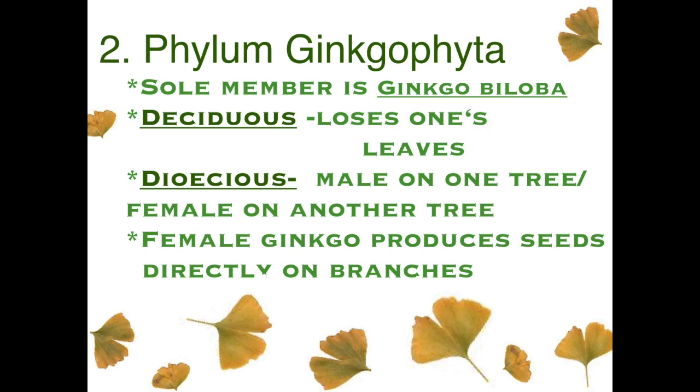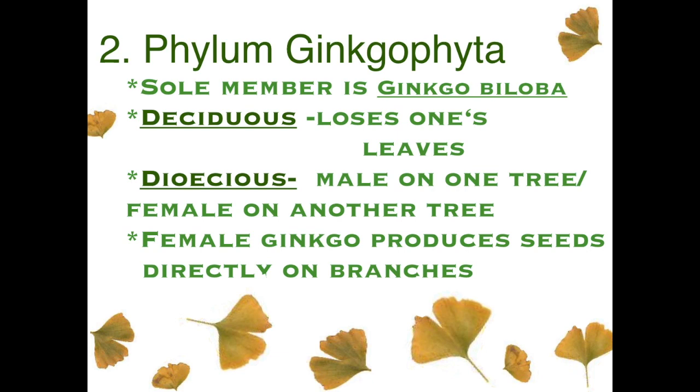What's interesting is these seed-like structures were not around all of the ginkgo trees, which are deciduous and dioecious. Now, deciduous means losing one's leaves. So in the fall time, the leaves would fall off, and you'd have the berries and the leaves all on the ground. And one way you can remember deciduous, baby teeth are called deciduous teeth. So the baby teeth will fall out, and then the adult teeth will grow in.